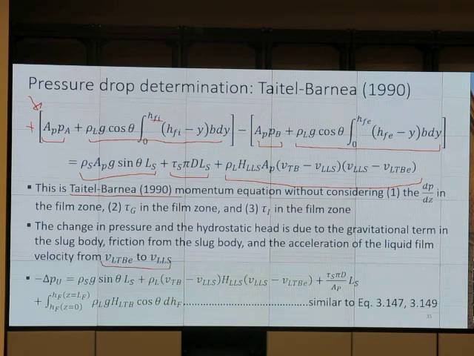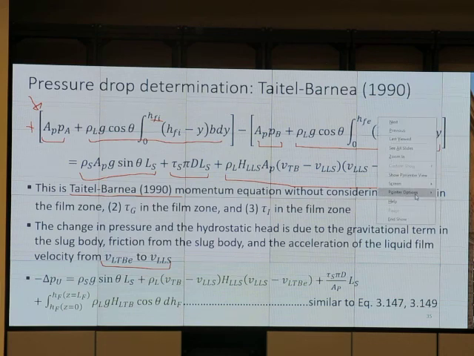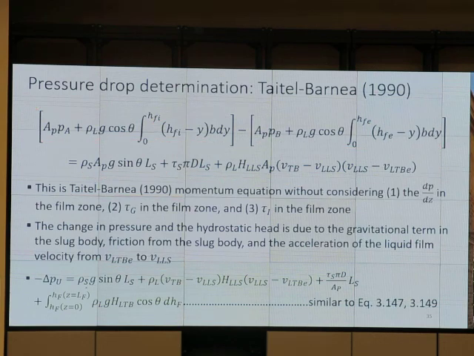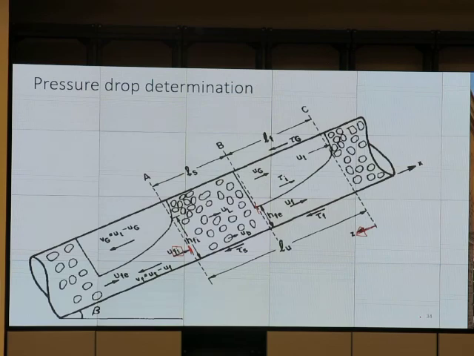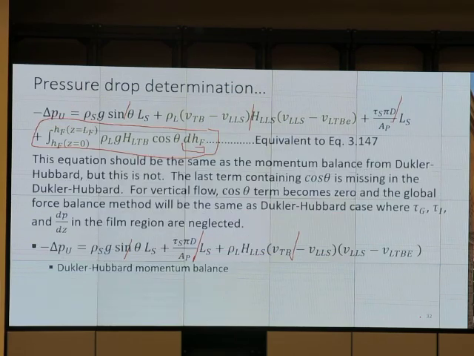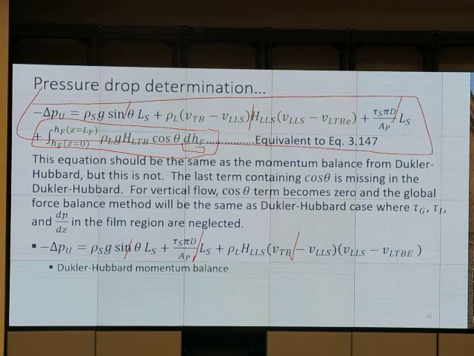Add them together is delta p sub u. Then this equation has the first term, second term, that term, and that term. So this is 3.149, right? Is it? This is that equation.